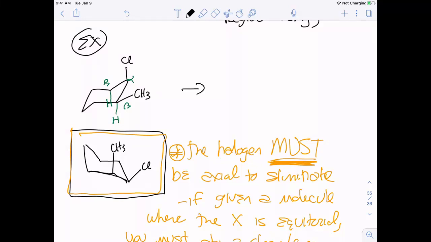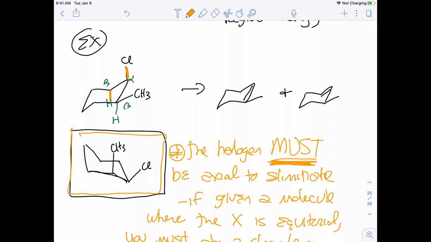I can end up with my double bond here, and I can end up, what's that methyl group, with my double bond here. That's kind of hard to see. My double bond here. There's still that methyl group there. Both of those are possible, right? If we go back and look again, this and this are trans diaxial.